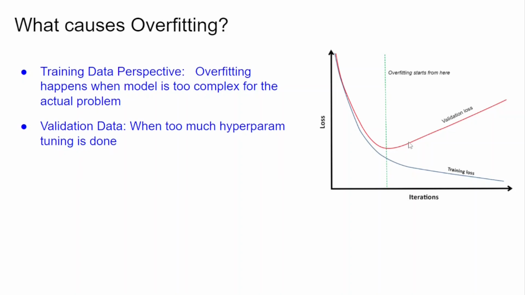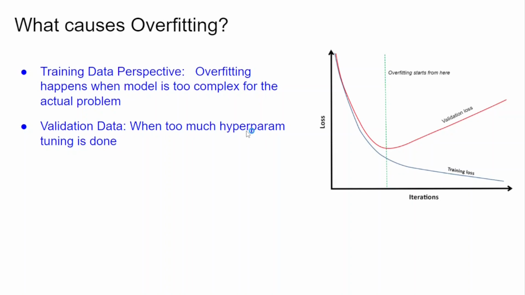When you look at it from a validation data perspective, what we can say is when too much hyperparameter tuning is done, then overfitting does occur. So let us say I found a sweet spot for my model. And I have found that sweet spot with what condition? With the condition that I have done some hyperparameter tuning on my model.